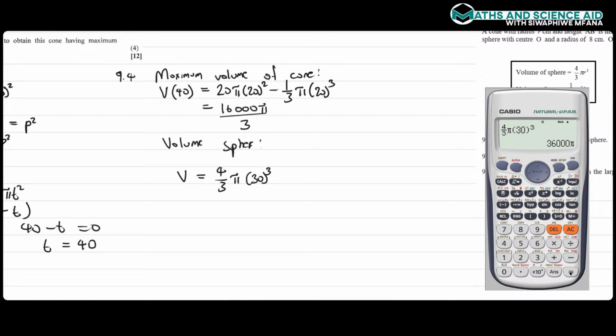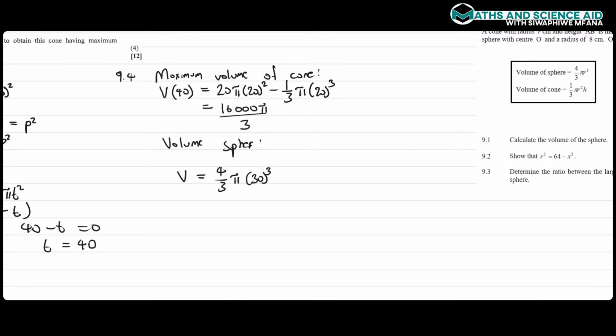Now, as you can see, I think we may have made a small mistake somewhere. Right now we see that this one, 4 over 3 pi multiplied by 30 cubed, is 36,000 pi.